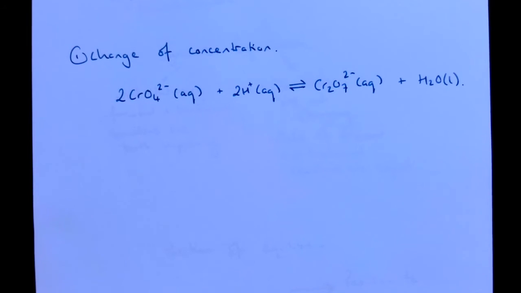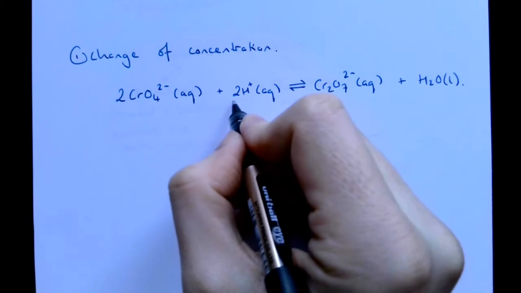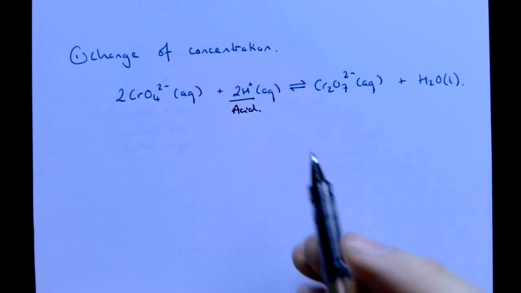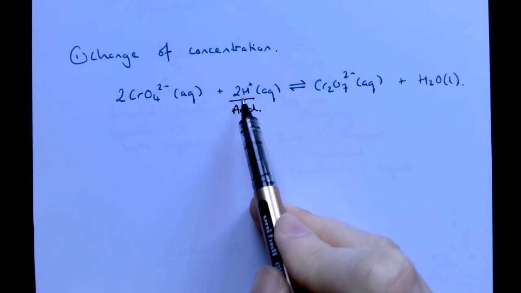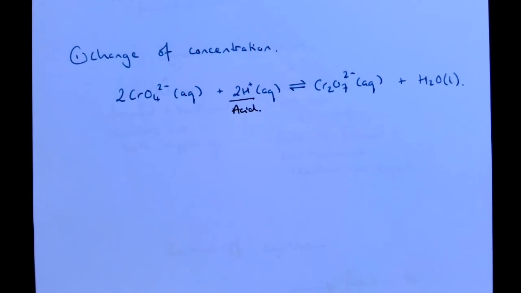What we have here is an acid reacting with this to form this and this. I'm not going to worry too much about what those things are, because what we're thinking about today is just the effect on equilibrium that changing these quantities can have.